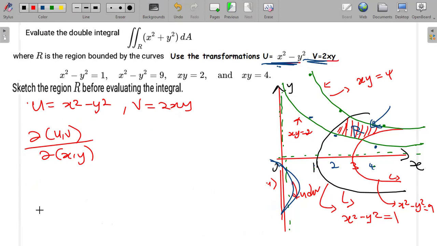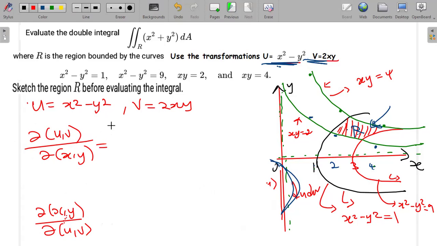But remember, in our integral, we need the Jacobian from the xy to the uv plane. So it means for the Jacobian that we're going to find here, we're going to do a reciprocal. We're going to say 1 over this Jacobian.